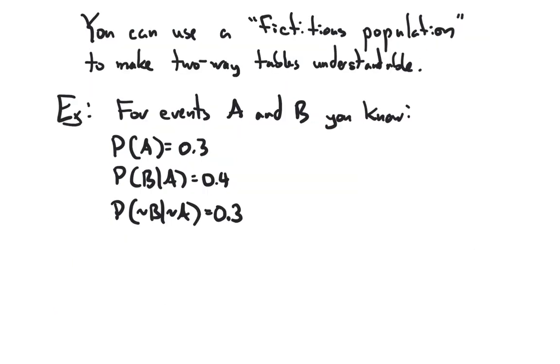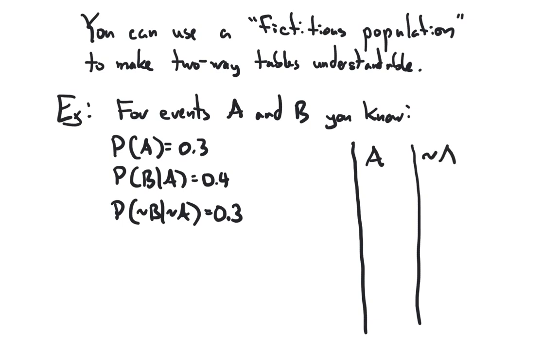Okay, so I'm going to do this two-way table a little bit differently. Honestly, it's the exact same in concept as putting the probabilities in your two-way table, but if you want, you can come up with a fictitious population, and then instead of determining probabilities out of 1, you're just determining rates out of whatever size your population is.